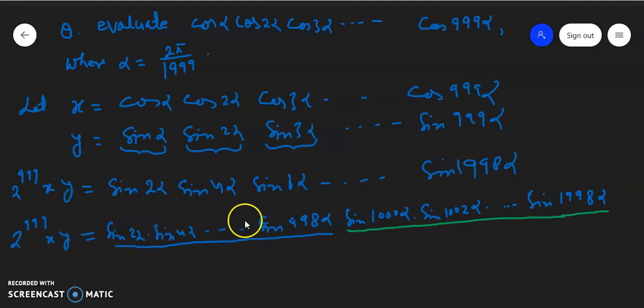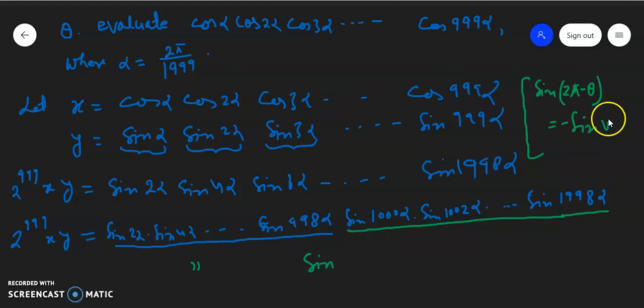I will keep this part as it is, and sine of 1000 alpha can be written using an identity. I know sine of 2 pi minus theta will be minus sine theta. I will use this identity.